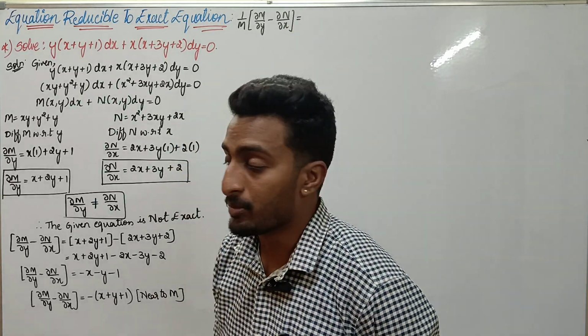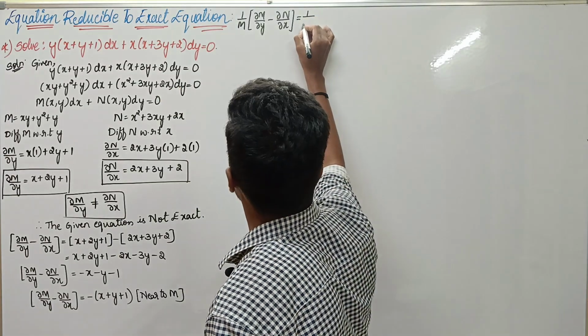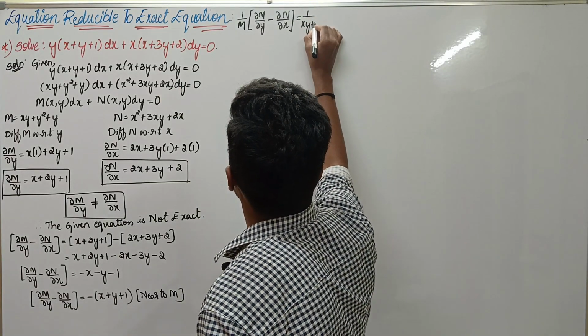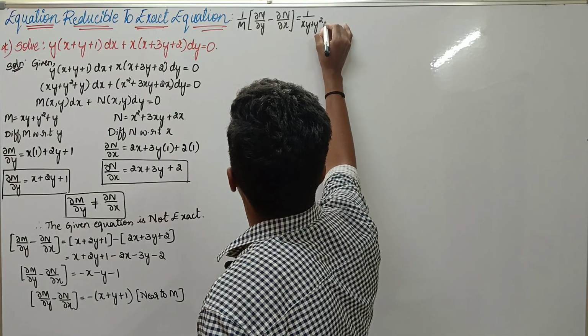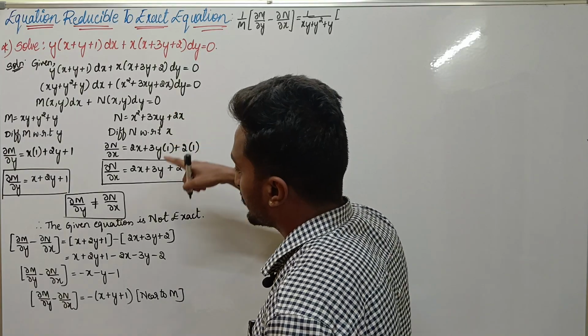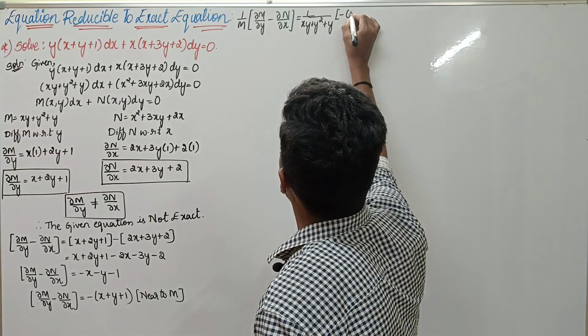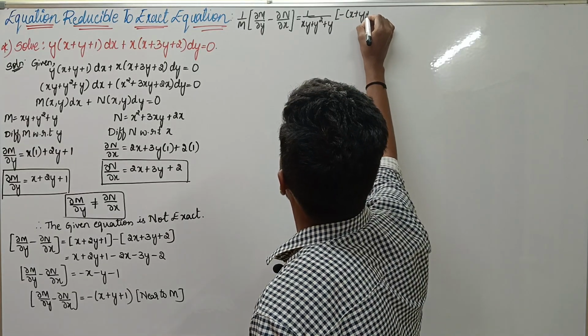Here 1 by M is 1 by (xy plus y square plus y), into minus of (x plus y plus 1).